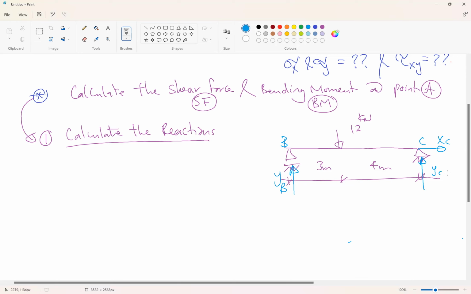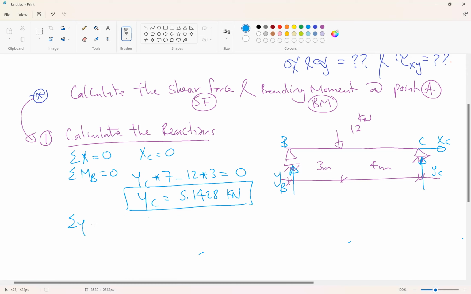If we apply summation X equal to 0, XC equals 0. Summation MB equal to 0, so we have YC times 7 minus 12 times 3 equal to 0, so YC will be 5.1428 kilonewton.